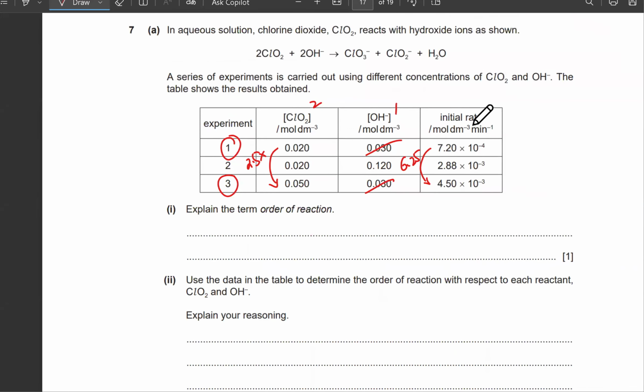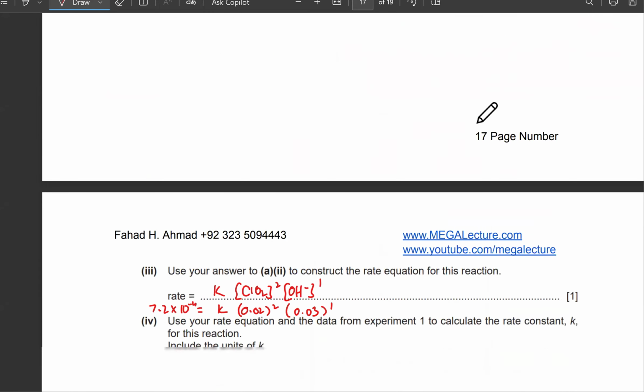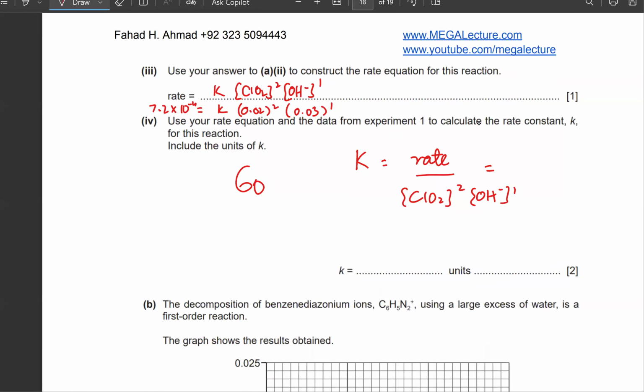It's mole per dm cube per minute, since he's doing it in minutes, and the concentrations are in mole per dm cube. Make sure you take the units from here and don't use your own units. Most of the time it's mole per dm cube per second, but over here he's using minutes, so we're going to use those units.